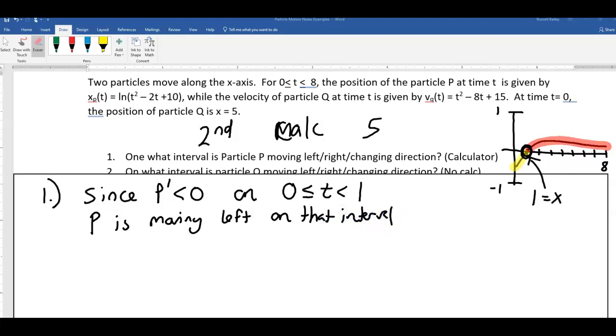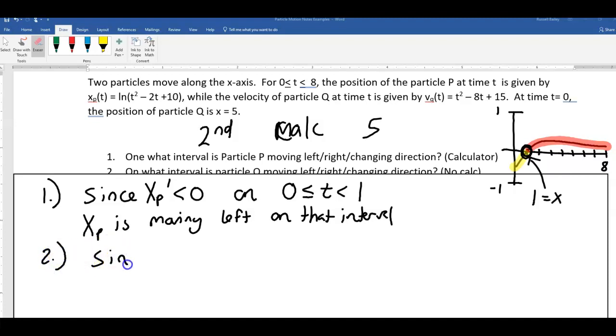Now I just realized I probably shouldn't be saying P. I should probably be saying x sub P, because that's the variable they gave me. So we do have to be careful that we're using the variables that the problem gives us. You could also just say particle P, but I like this notation. So you guys can imagine how I'll write the same thing for moving to the right.